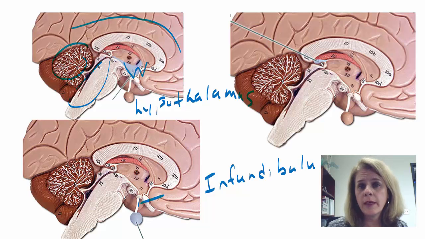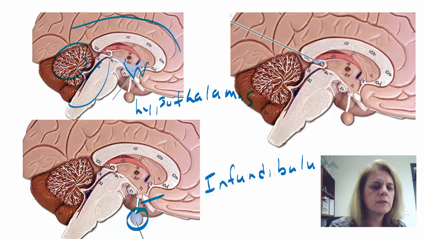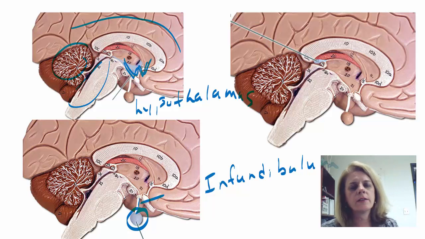You need to remember that, infundibulum, that connects the hypothalamus to the pituitary gland. Okay, you don't have to recognize anterior versus posterior pituitary on the model. You will with histology.